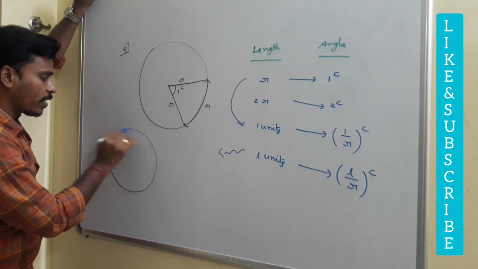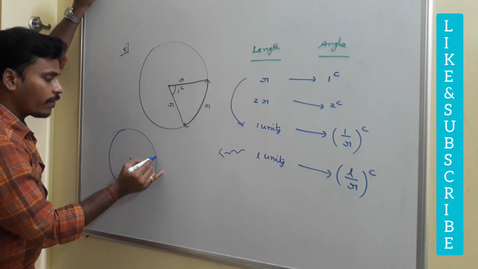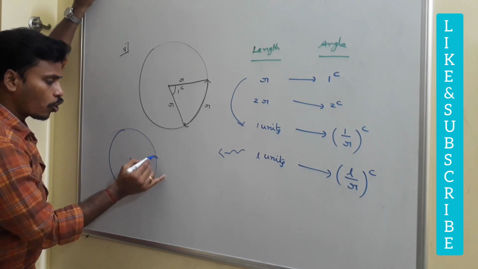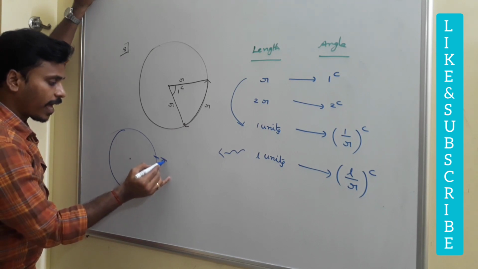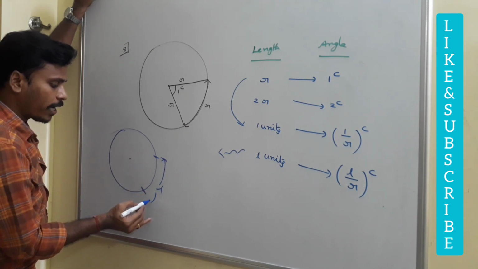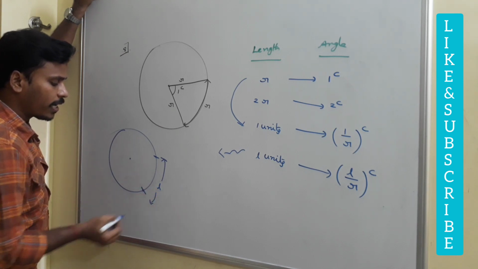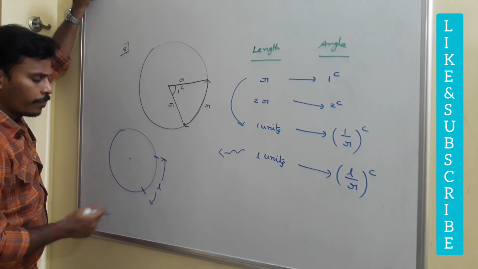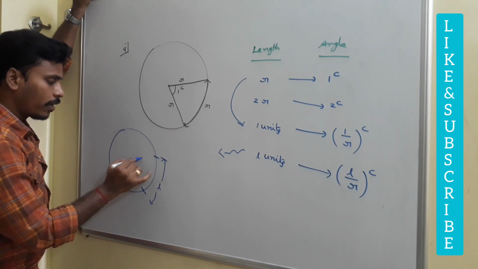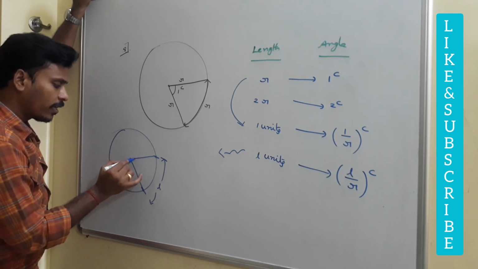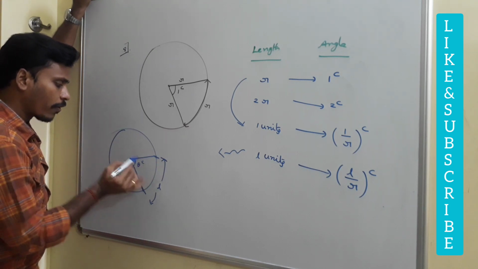For example, I have a circle with center O. I will take an arc. I don't know its length, so you calculate its length using thread and scale and note it as L. If the length of the arc is L, then the angle at the center is some theta radians.